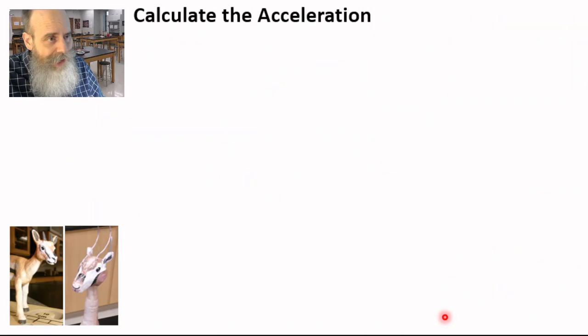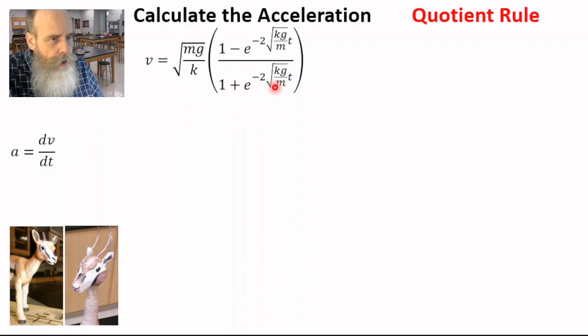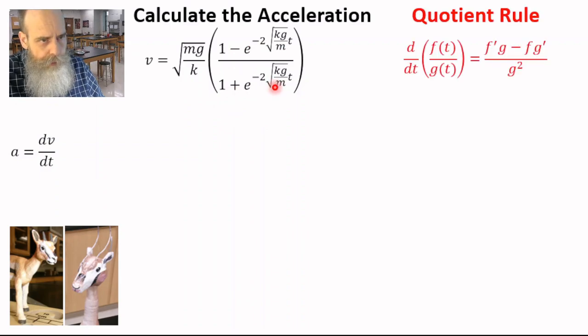Now we need to calculate the acceleration. This is v. Acceleration is dv by dt. Here we have a quotient, a function in the numerator and a function in the denominator. We could use the quotient rule. d by dt of f over g equals f prime g minus f g prime over g squared.